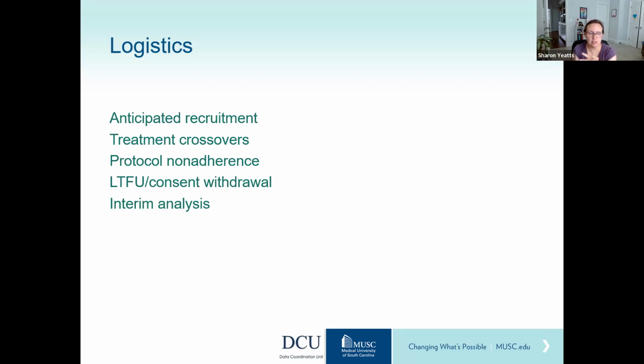Treatment crossovers can impact the sample size that you need. Other forms of protocol adherence that lead to missing data, loss to follow-up and consent withdrawal, whether or not you're going to be doing interim analyses that allow you to terminate the trial early for either efficacy or futility.